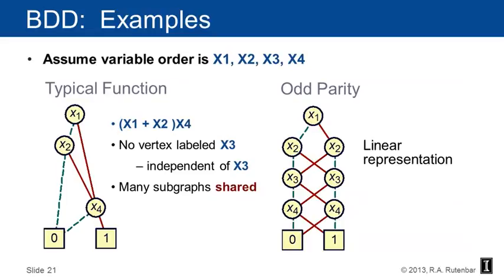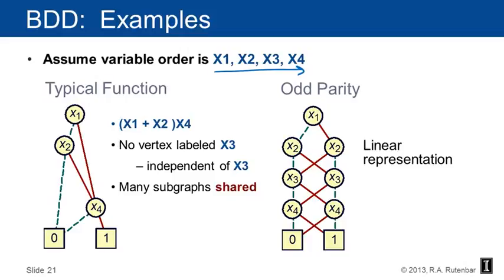What if we have a more interesting function, a function that's actually got a little bit of complexity to it? Let us assume that we have a function of 4 variables, x1, x2, x3, and x4, and that the ordering is in fact x1, x2, x3, and x4 in that order. So here's just a simple function on the left, x1 plus x2 and x4.